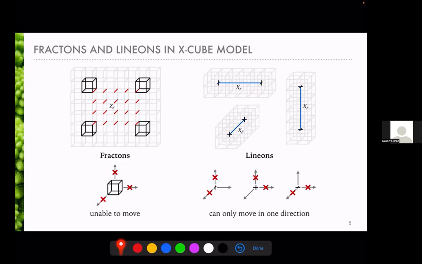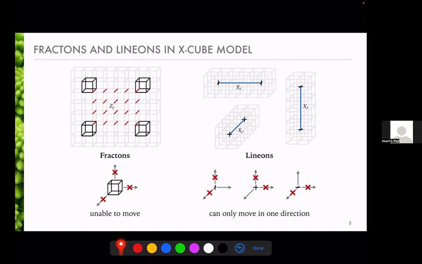And again, once I create this string here, it has some restricted mobility. I can move it to the left or right by introducing another X operator, either in front of it or behind it. That makes sense because it will increase the length of the string, and then it will move this linion, or this vertex excitation, in one direction.